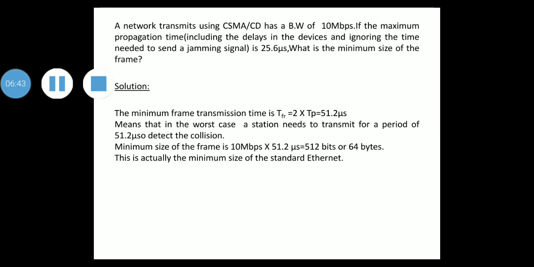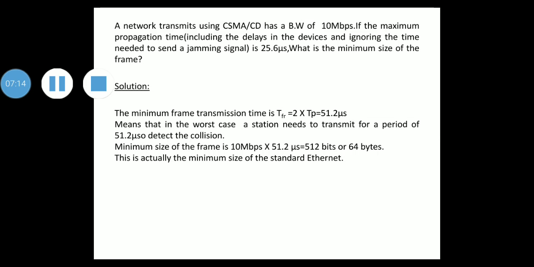Solution: the minimum frame transmission time is TFR equal to 2 times TP, which is 51.2 microseconds. This means a station needs to transmit for 51.2 microseconds to detect the collision in the worst case. The minimum size of the frame is 10 Mbps times 51.2 microseconds, which is 512 bits or 64 bytes.